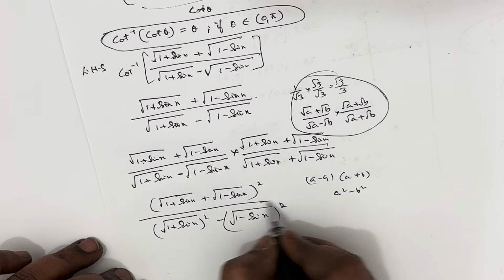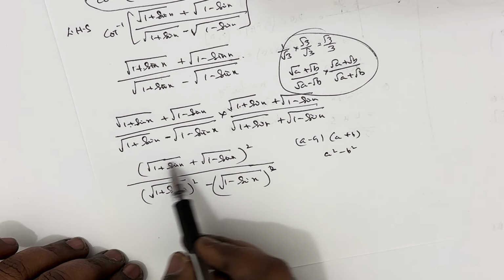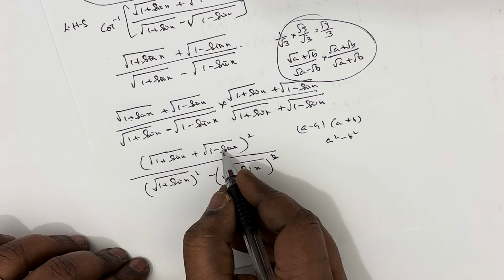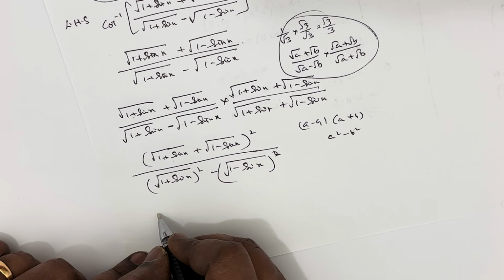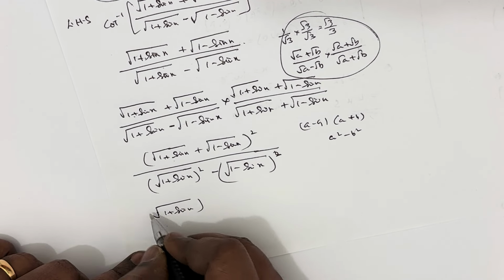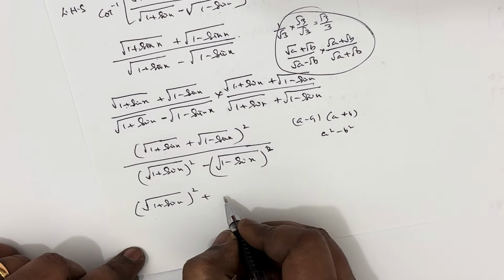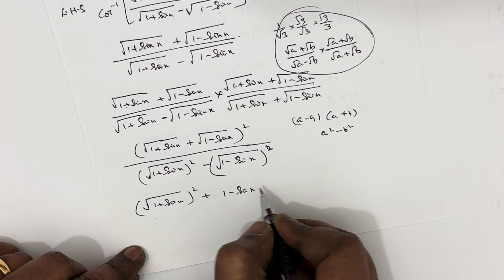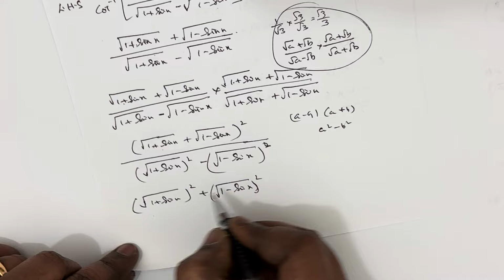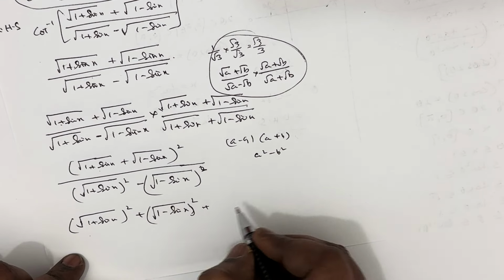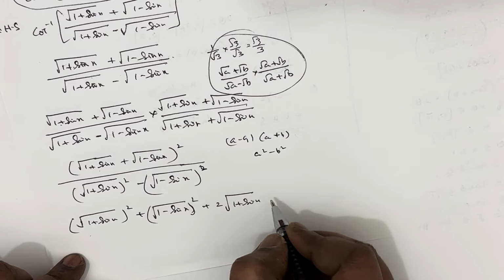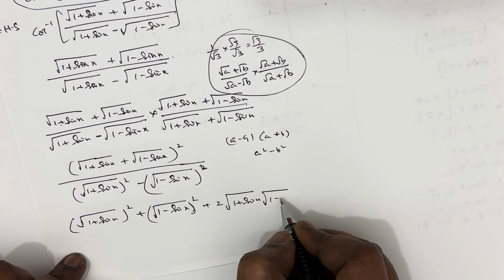Now let's expand this. It is in the form a plus b whole square, so a square plus b square plus 2ab. So root 1 plus sine x whole square, that is a square, plus b square, root 1 minus sin x whole square, plus 2ab, 2 multiplied by root 1 plus sin x into root 1 minus sin x.